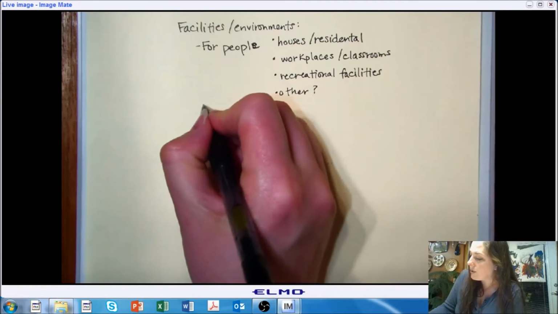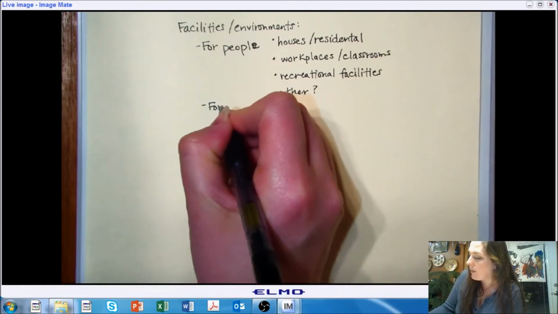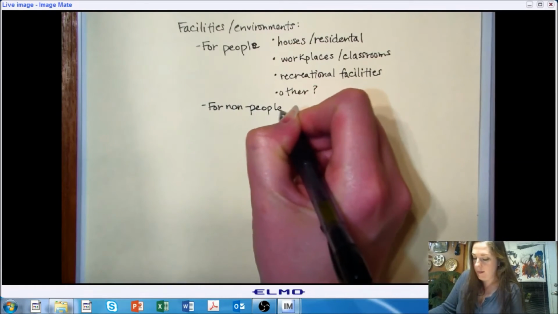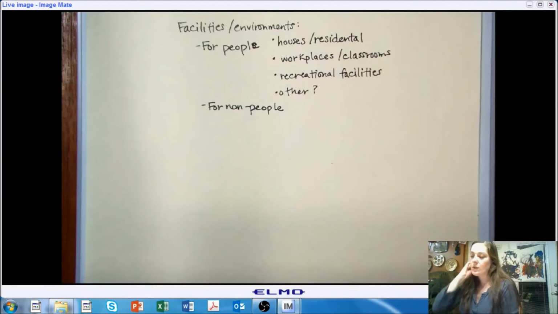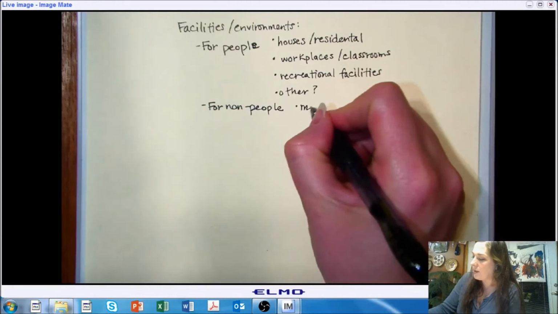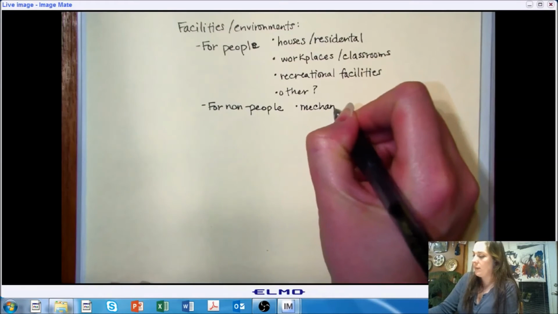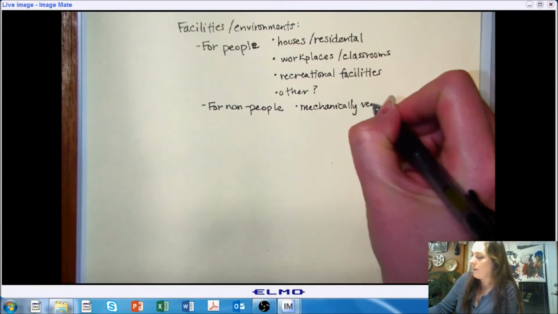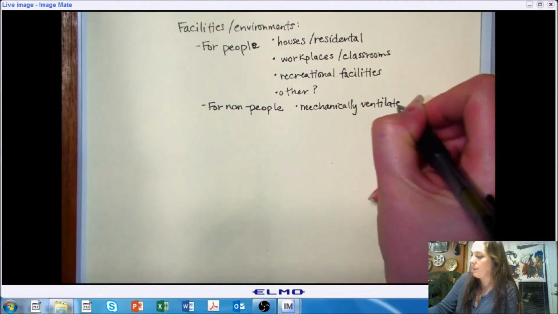If we start to look at the non-people category, this is going to include some of the agricultural applications that I referred to earlier. So we might be looking at mechanically ventilated barns.